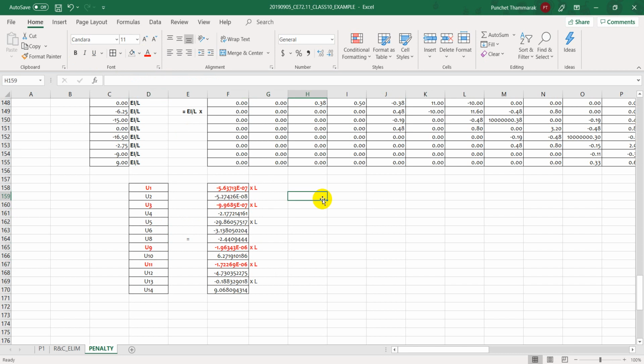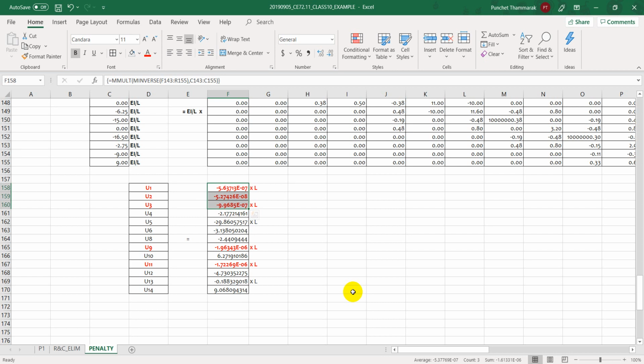So look at the boundary conditions, and this one too. U2 is also the boundary condition, essential boundary condition. These are all very small. If you compare to the other magnitudes, right? This is like about 1,000,000 times smaller than other degrees of freedom which are not restrained.